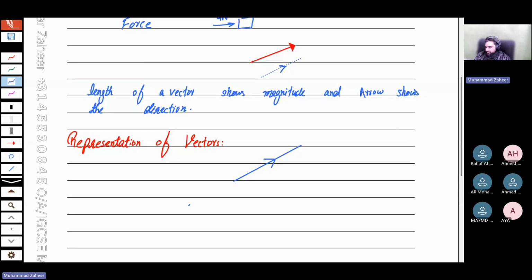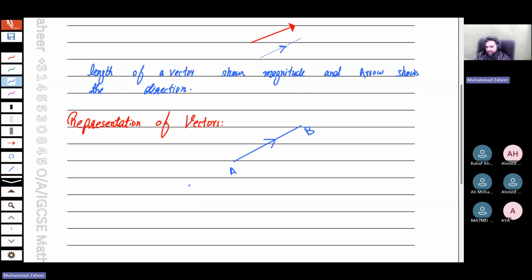Let's say this is the vector from A to B. We can show it as vector AB, with a line on top. The line shows that it is a vector. It can also be shown as AB with an arrow on the top, which has the same meaning.